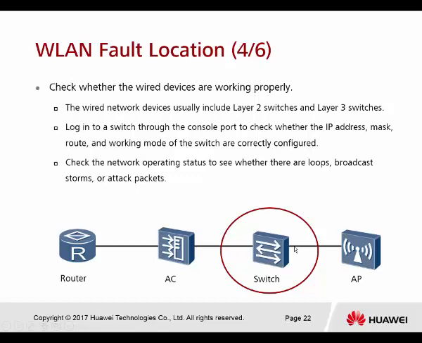This is the access link or the trunk link. Do you configure the trunk link here to allow all the WLANs to pass through, those service WLANs and the management WLAN? You also need to allow those WLANs to pass through the trunk link. Check the network operating status to see whether there are loops, broadcast storms, or some other attack packets.